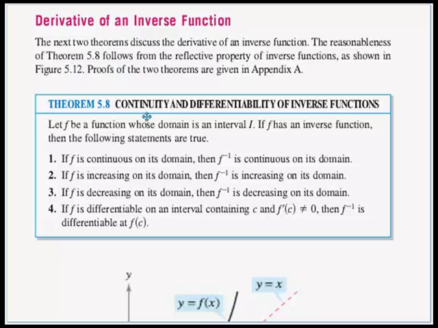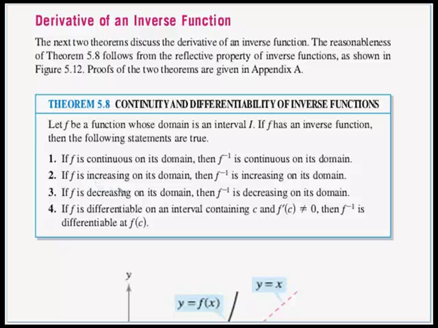And here, Theorem 5.8 just gives us some points about continuity and differentiability of a function and its inverse. So we're going to let f be a function whose domain is in an interval capital letter I. If the function has an inverse, then the following statements are true. If the function f is continuous on its domain, then its inverse function is also continuous on its domain.